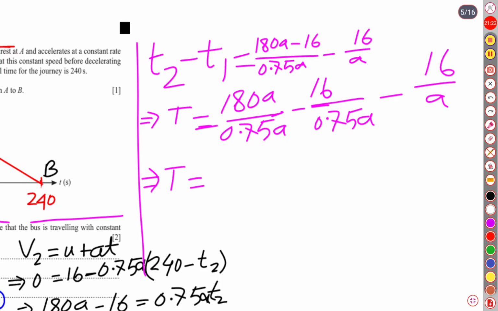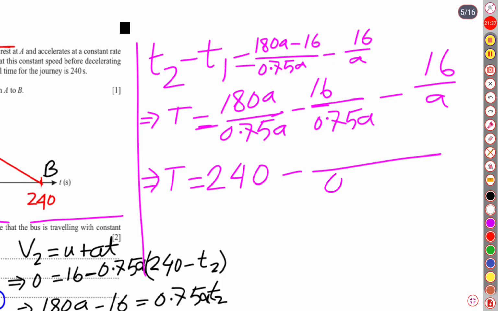If we divide 180 by 0.75, it is going to be 240, and a will cancel. Then here, let us simplify this.